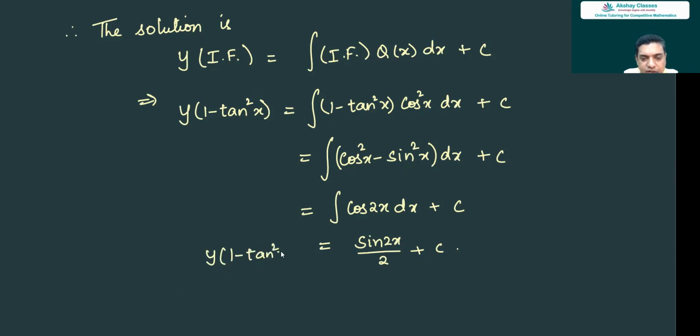We can simplify further. Now, there is a given condition: at x equal to pi by 6, the y value is 3 root 3 upon 8.